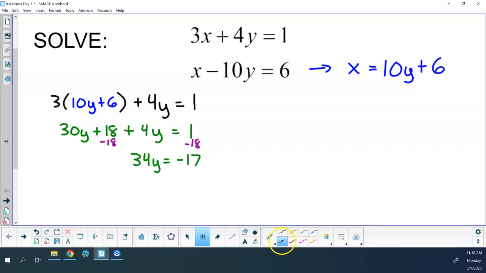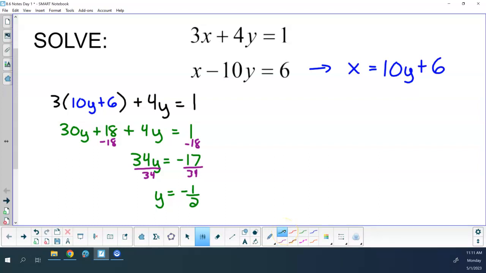That gives me y equaling negative 1/2. Plug it back into one of the two equations.